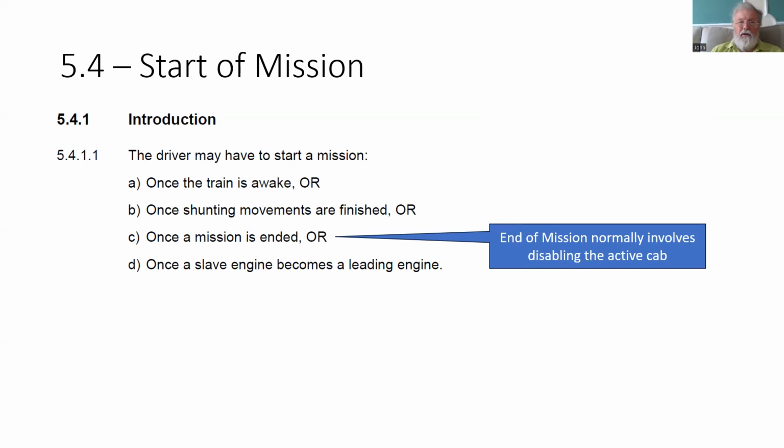It can also occur when an end of mission occurs, when that will involve disabling the active cab. Exactly how and when that will then trigger the start of mission will depend, but once the cab is then activated again, it'll enable the mission to start.